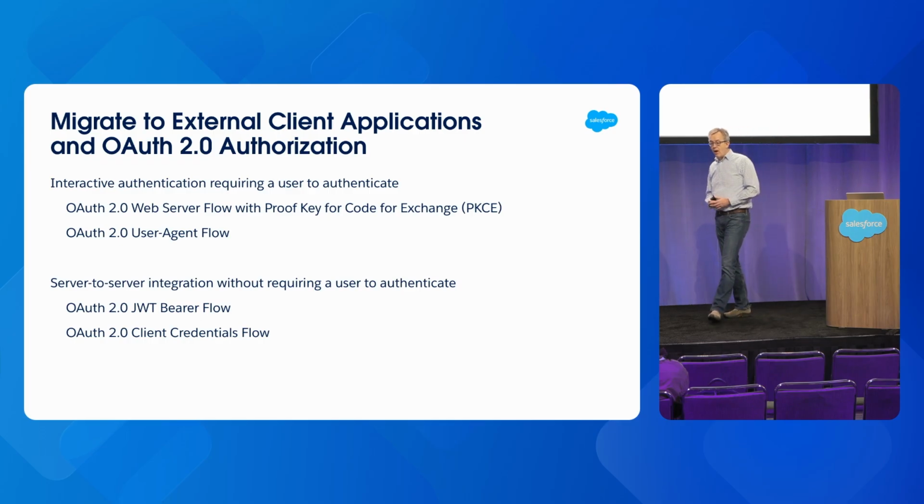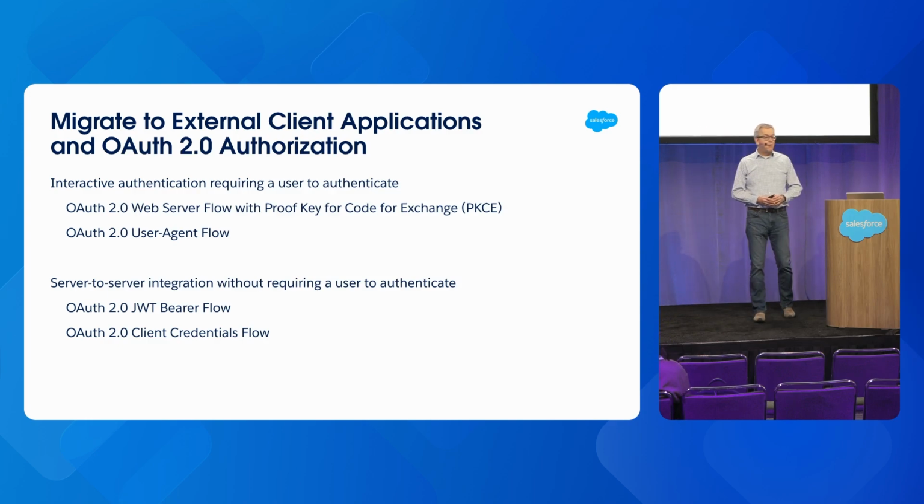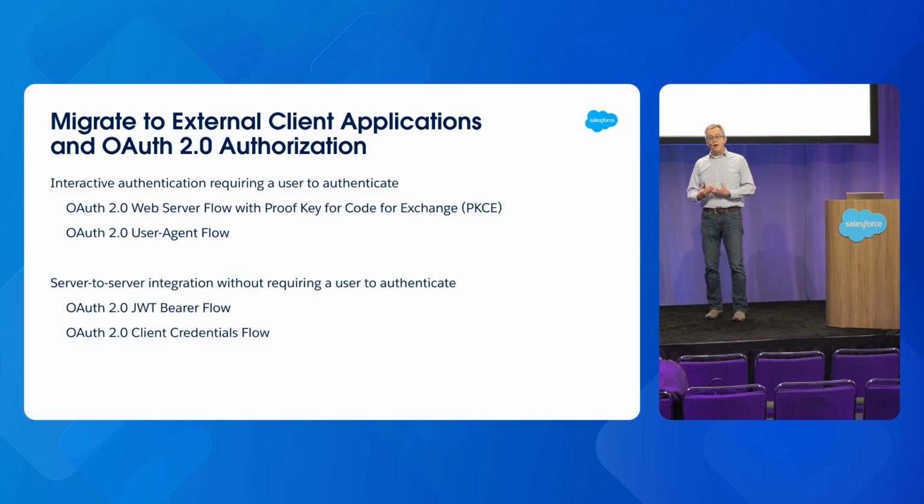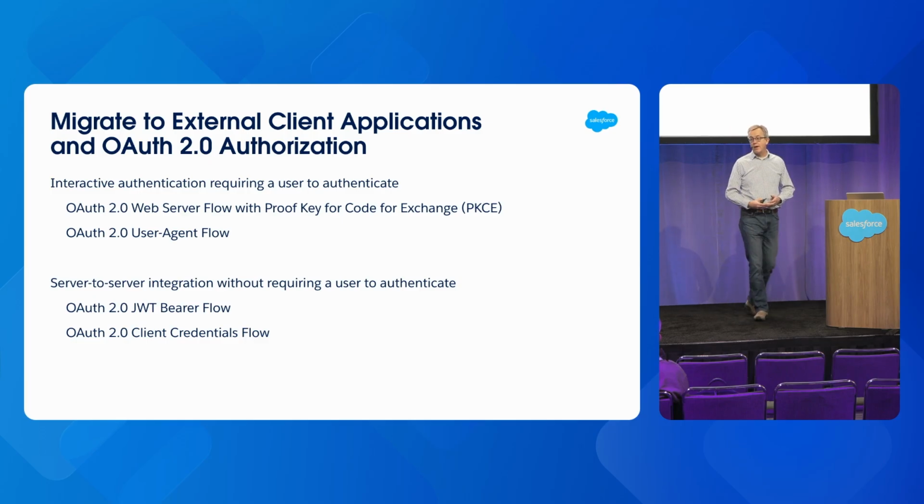The web server flow with proof key for code exchange, commonly pronounced PIXY, or the user agent flow. Those flows are going to do a redirect such that the user is going to provide a username and password to authenticate to the org, get the access token which your application can use.